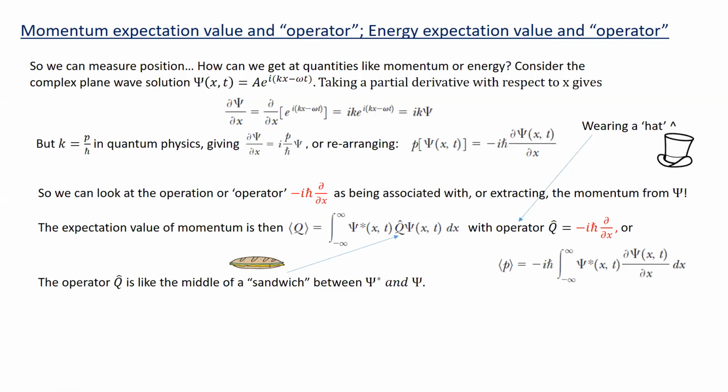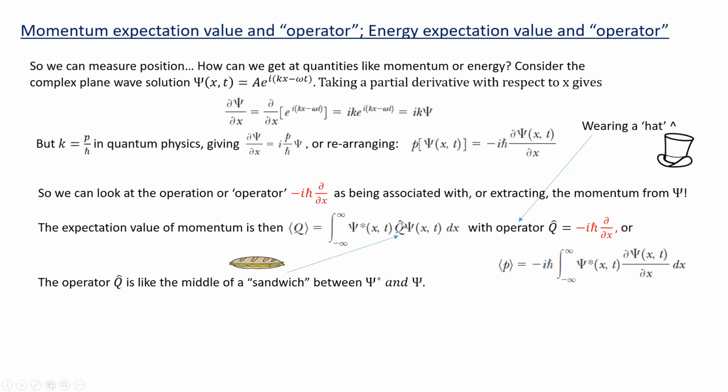And in the expectation value formula for p, let's say, or for a general operator Q, the operator Q with its hat is like, I like to think of it like the middle of a sandwich between psi star and psi. So psi star is your nice top piece of bread.